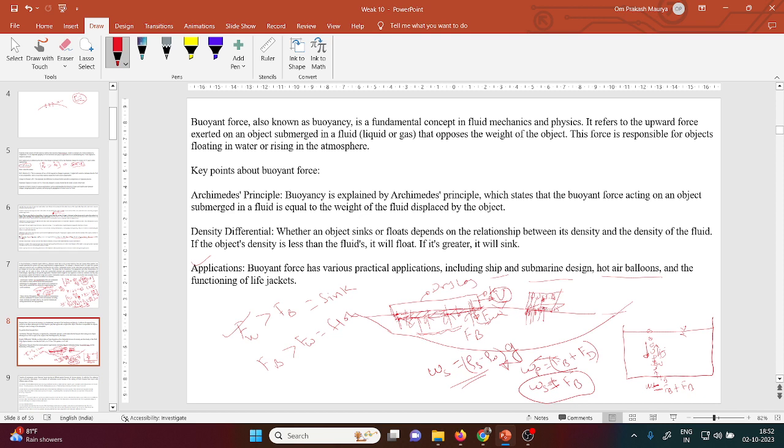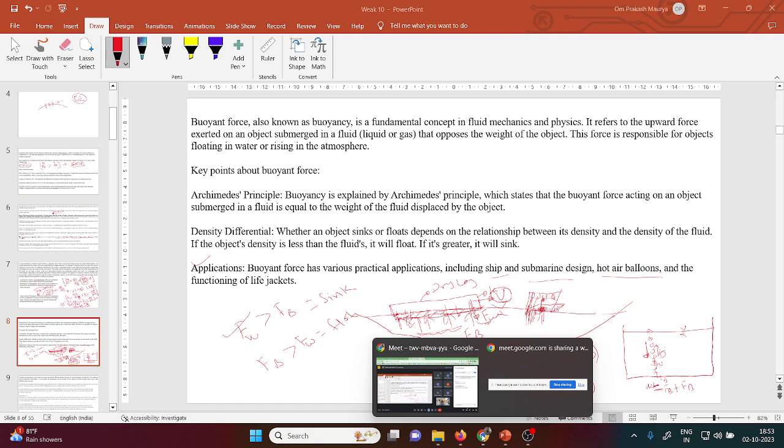But for the mathematical representation, we say the whole force acts on the center of mass of the body, and your buoyant force acts on the center of your surface, concentrated at the center. Why? Because each and every column applies force and is balanced by the mass. So I hope, Francis, your doubt is clear.